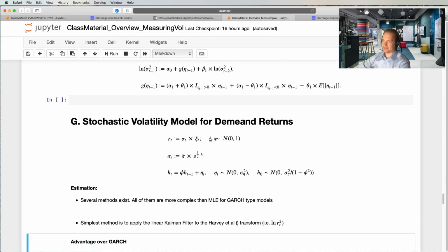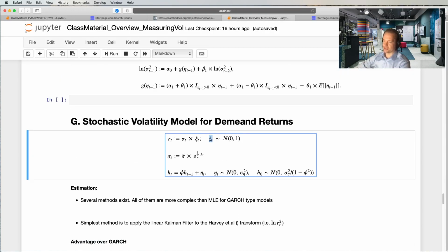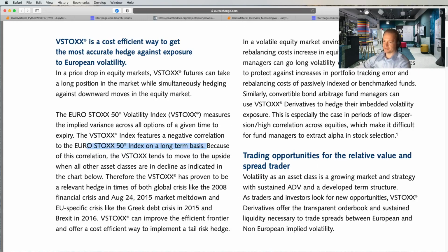There's a correlation between return shocks and vol shocks, and the correlation is negative, also called leverage effect. Okay, yeah, you see, they talk about that. The SVM would take care of that. Because of this correlation, VSTOXX tends to move to the upside when all other asset classes are in decline, as indicated in the chart.